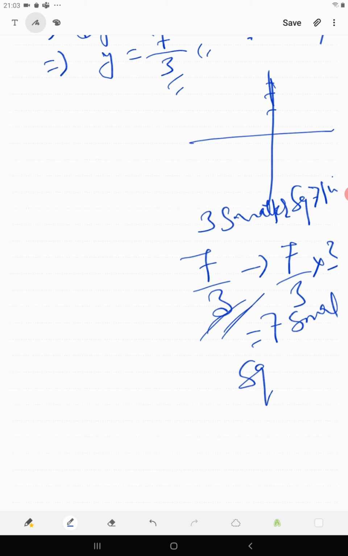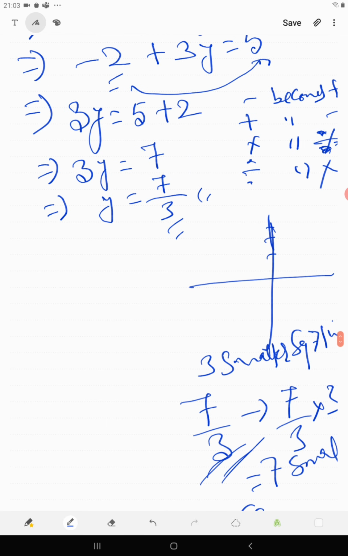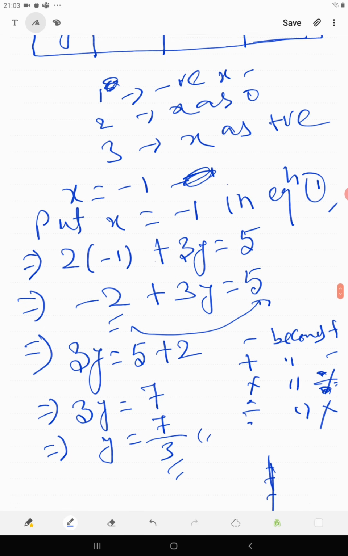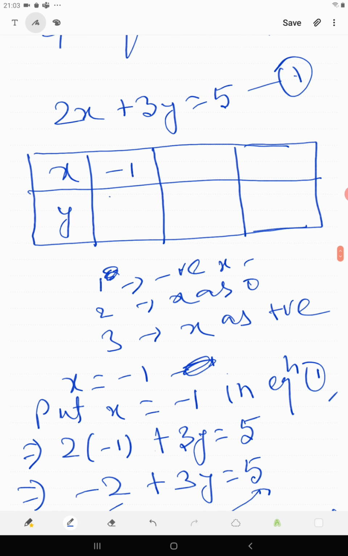Because of this 3 in the denominator, we took 3 smaller squares as 1 unit. So if you take 3 smaller squares as 1 unit, then 7/3 will be equivalent to 7 small squares. I will tell you how to draw that, but first write the value we are getting. So for -1 we got y as 7/3.